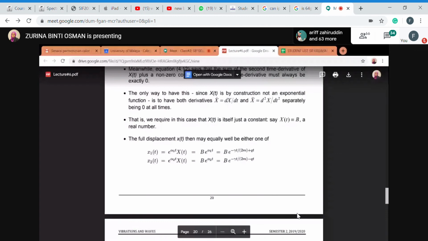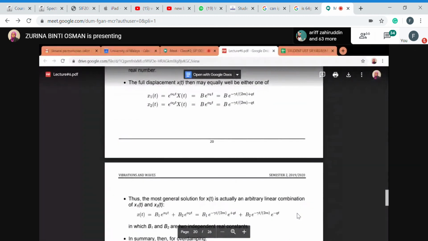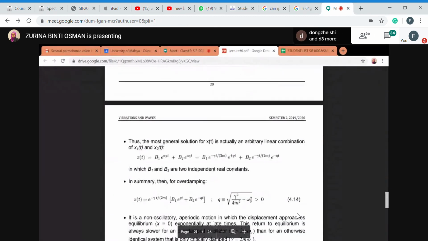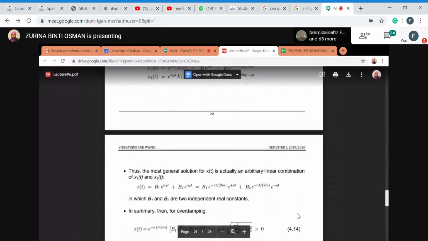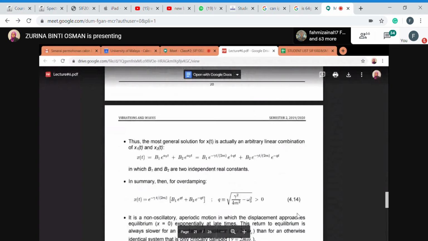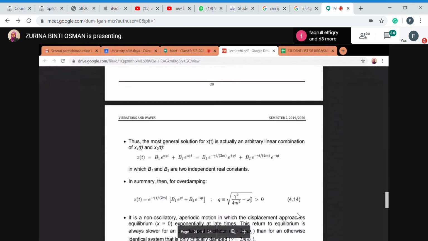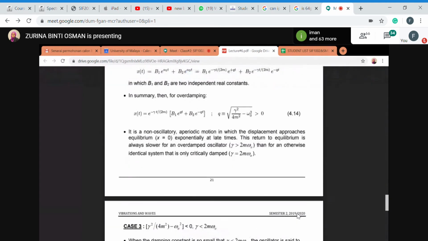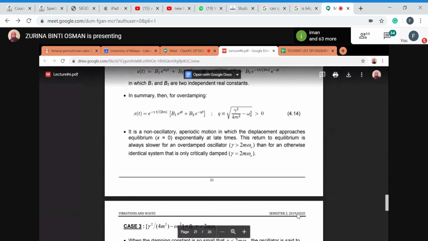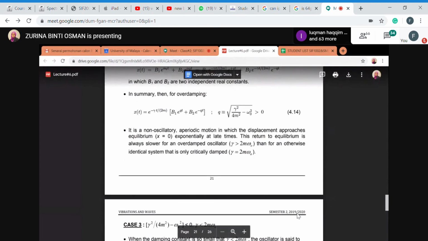We have the constants B1 and B2 for over damped. This is also non-oscillatory behavior, and we are also going to touch on this in lecture 7.